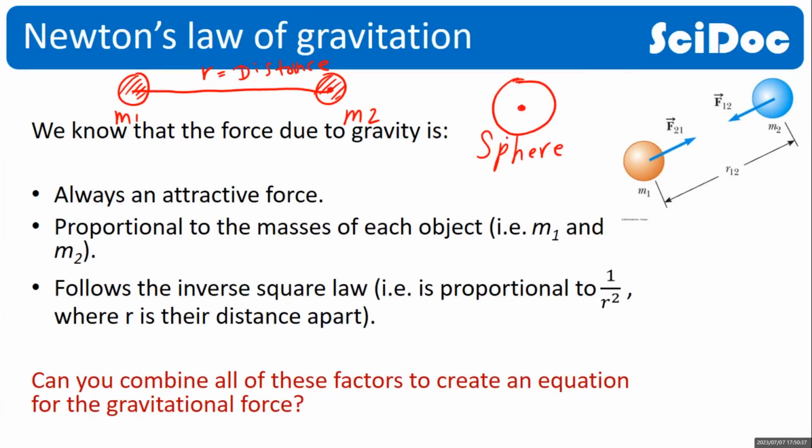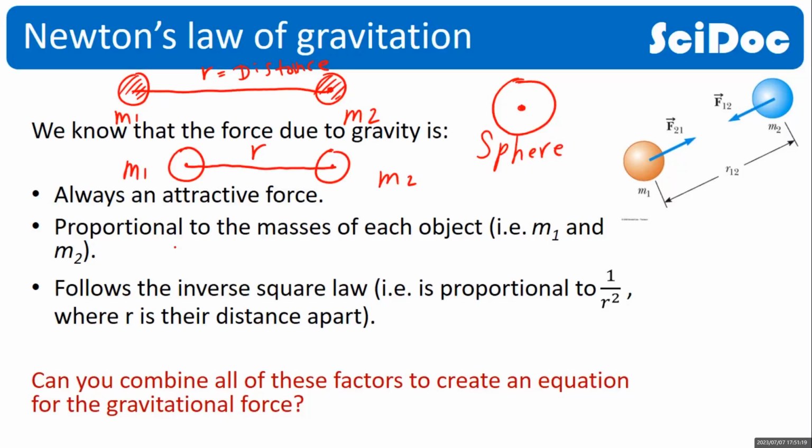So whenever we measure the distance between two objects, we can consider them as point masses, which means that we consider the mass of these objects to lie at the center. That is why when we measure the distance, we always measure it between the centers of the two objects, not from their outer surfaces. So as you can see, we measure the distance between them from their center positions, and we represent it as R, and the masses are represented by M1 and M2.